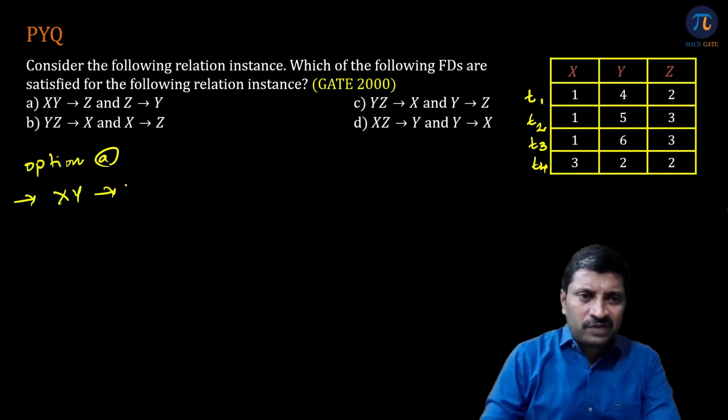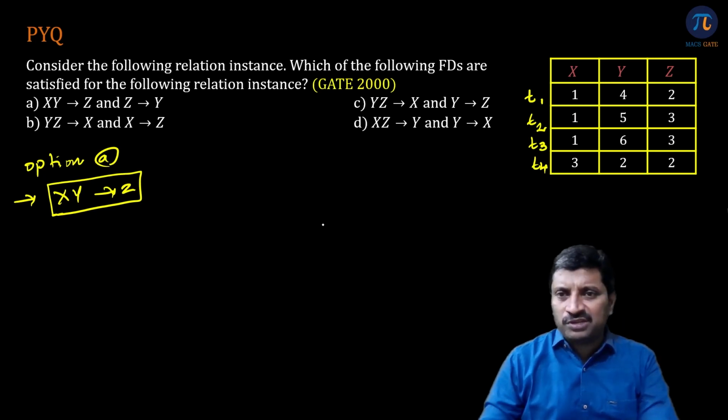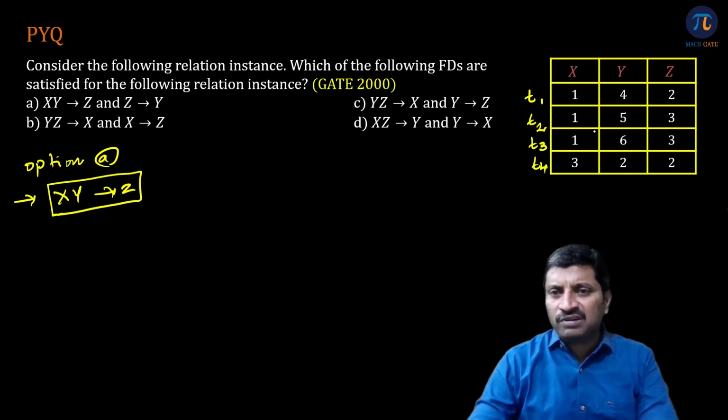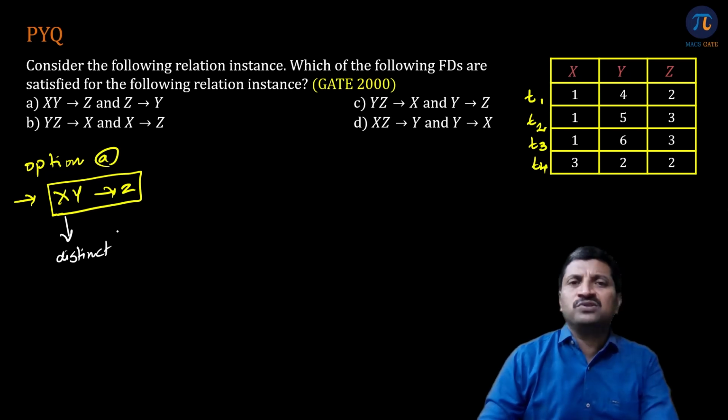XY goes to Z. Verify, are there any two tuples for which these values are same for XY? 1, 4, 1, 5, 1, 6, 3, 2. So all these values are distinct. So this will be satisfied.